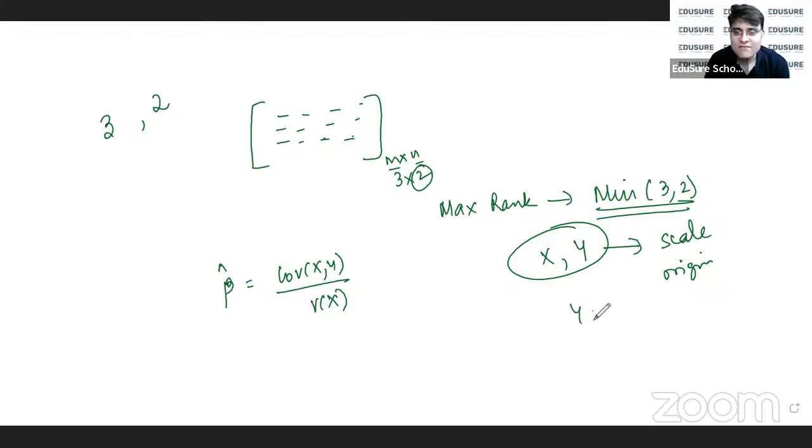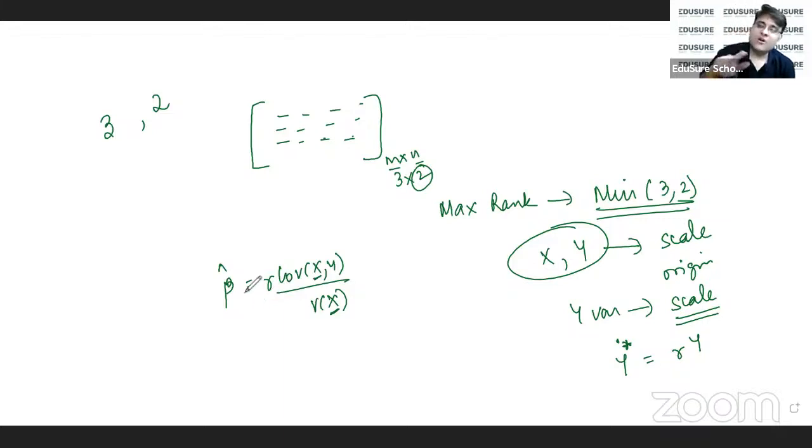If only the y variable changes scale, then beta hat will be affected, because x is not changing the scale, but y is. So basically, if the new y star is r into the old y, then this r will come out here.